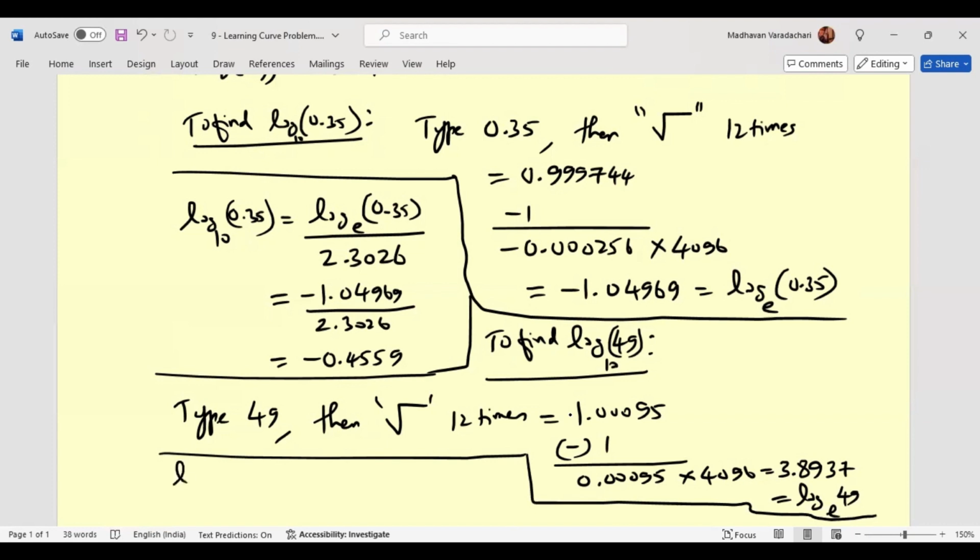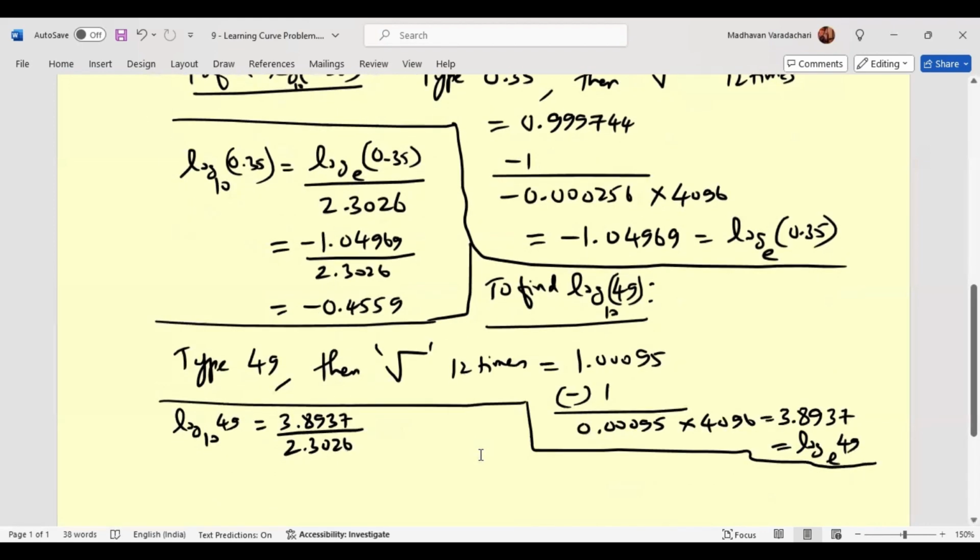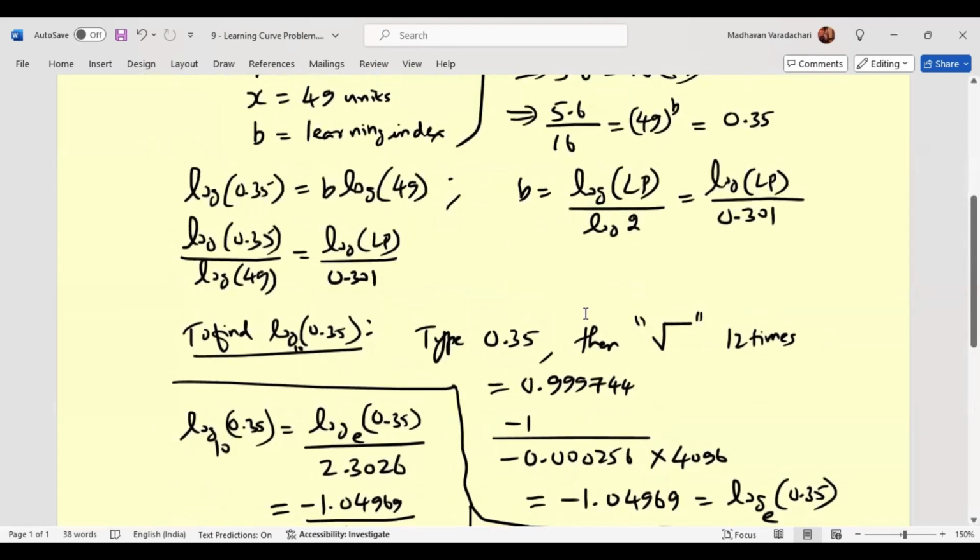Now, logarithm of 49 to the base 10 will be the value we got, that is 3.8937 divided by the constant number 2.3026. We will get 1.691. So therefore, we will go back to this.